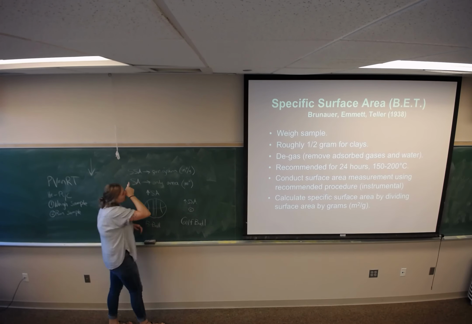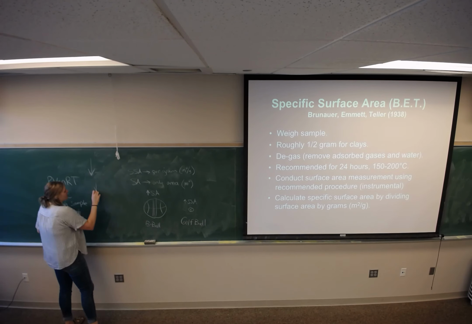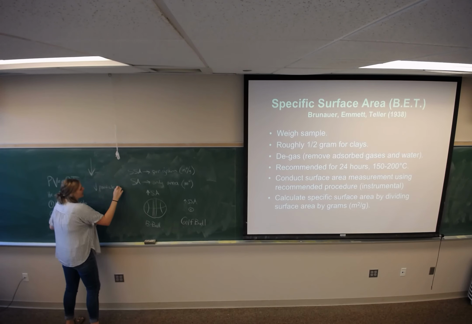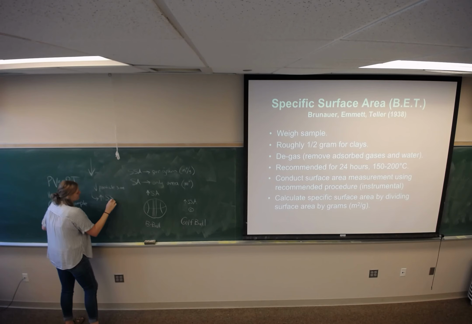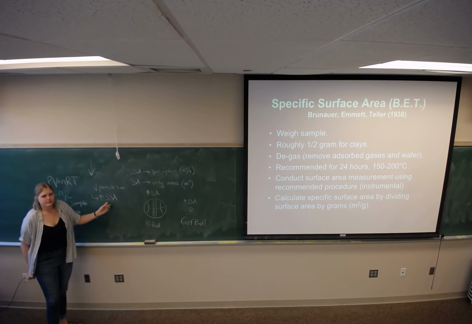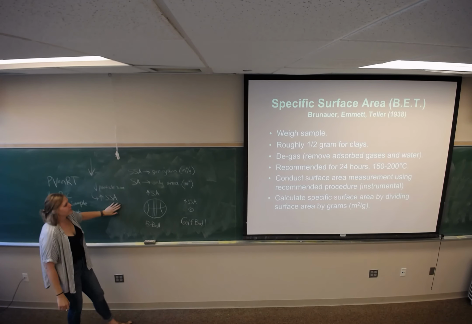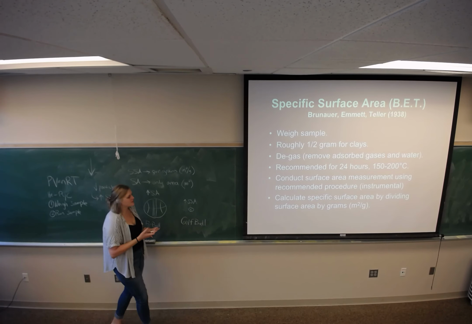Essentially that means that if you have smaller particle size, you're going to have higher specific surface area. And the reverse is true as well: for larger particles, you're going to have a lower specific surface area. That's the key point. And that comes into play with things like sintering, dispersants, and any kind of surface chemistry.